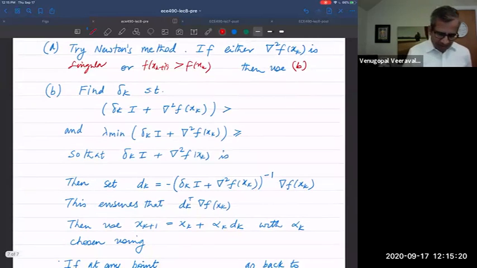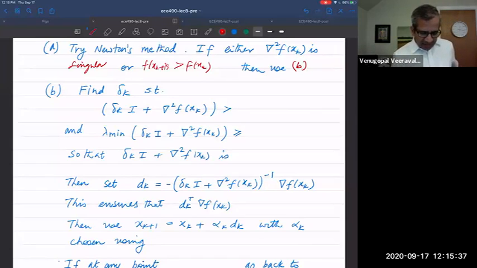And procedure B, here you modify the Hessian so that you force some kind of positive definiteness. So you add some delta k times I, the identity matrix. If you add a large identity matrix with a large enough coefficient, you should be able to make any matrix positive definite, right?